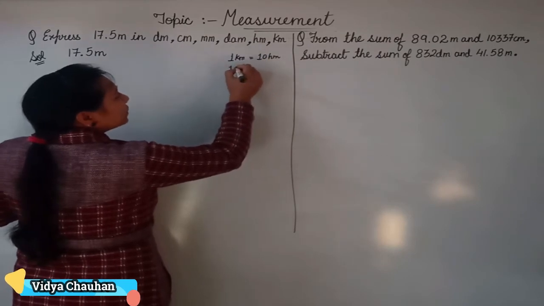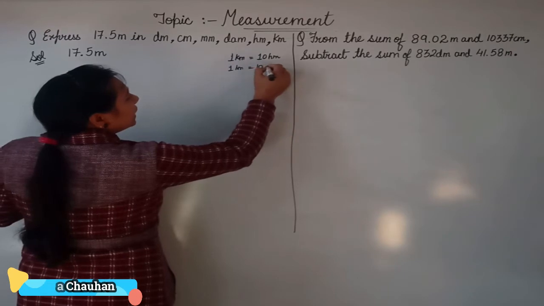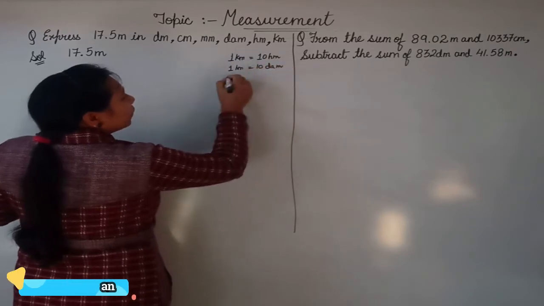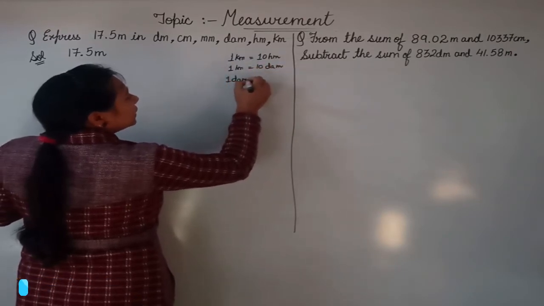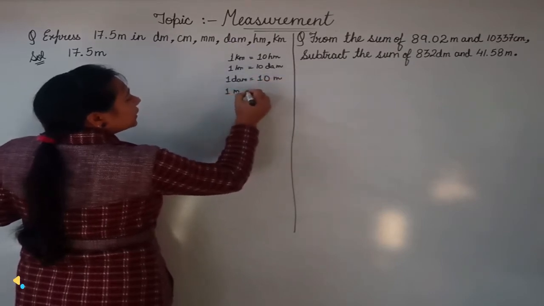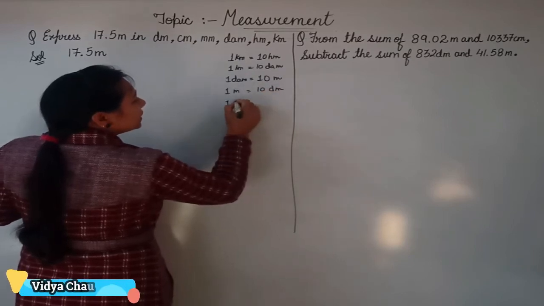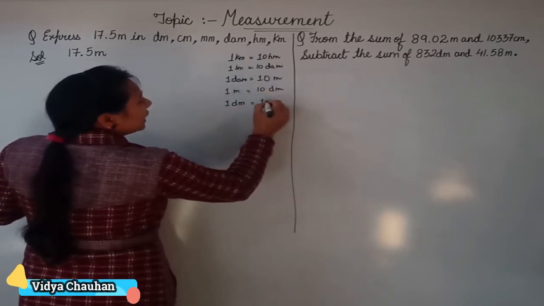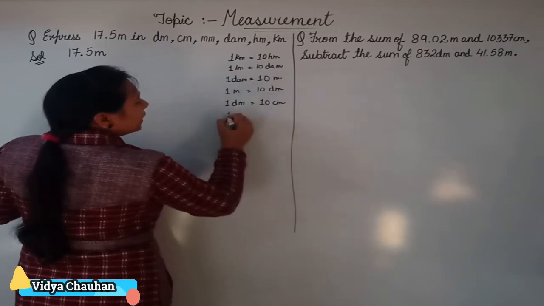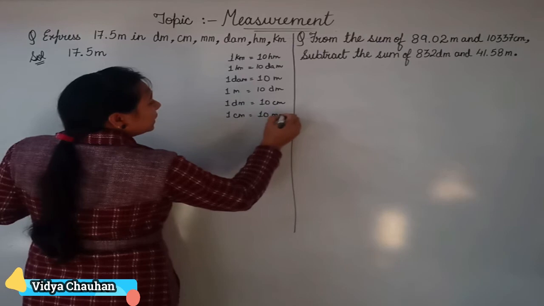So 1 kilometer is equal to 10 hectometer, 1 hectometer is equal to 10 decameter, 1 decameter is equal to 10 meters, 1 meter is equal to 10 decimeter, 1 decimeter is equal to 10 centimeter and 1 centimeter is equal to 10 millimeter.